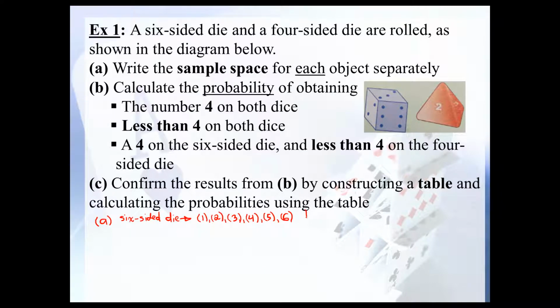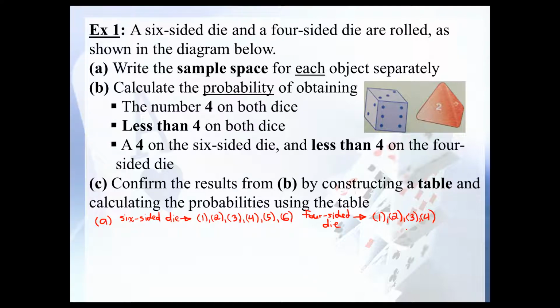Your 4-sided die would only have a sample space with 4 outcomes. You could roll 1, you could roll 2, you could roll 3, or you could roll a 4. Those are my different outcomes for that.